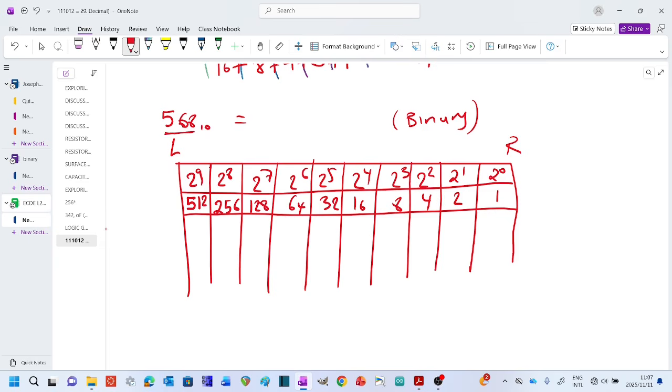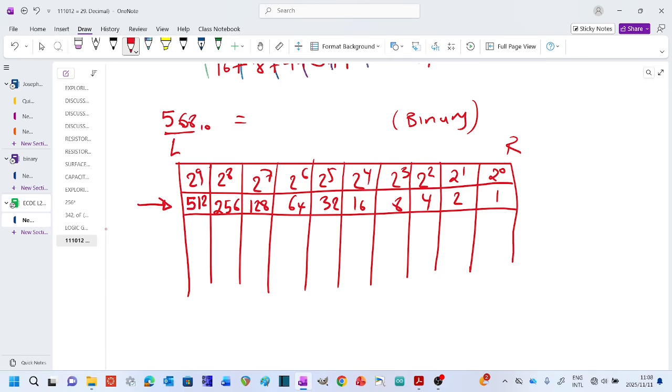Now, from all these numbers obtained on the second row, which ones, when we combine them together, will give us exactly 568?